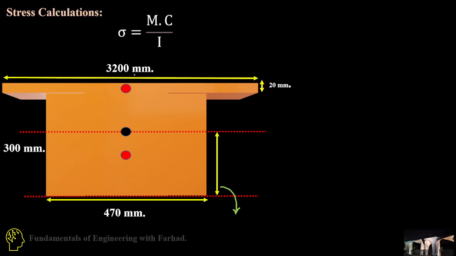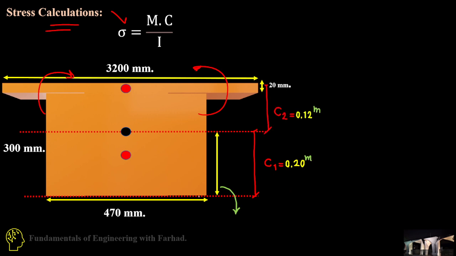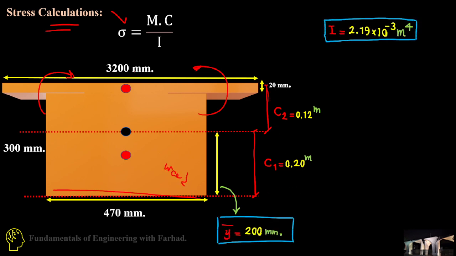If you want to calculate the stress due to bending, remember sigma is Mc over I. C1 is for the very bottom part of wood, which is the farthest distance for the wood part, and C2 is for the top steel.